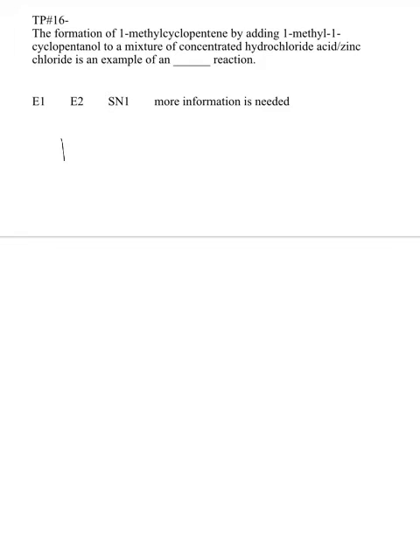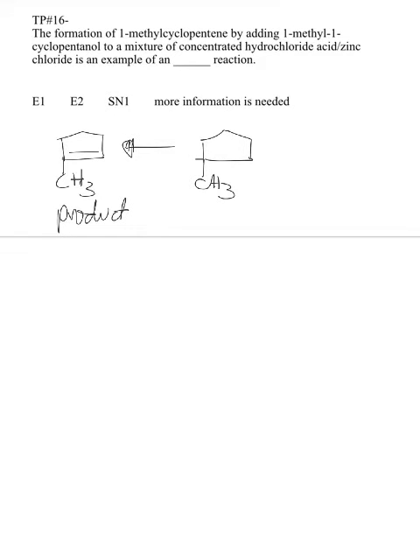So, cyclopentene, and so 1-methylcyclopentene formation. So that's your product. So let's draw the arrow this way. By adding 1-methylcyclopentanol.